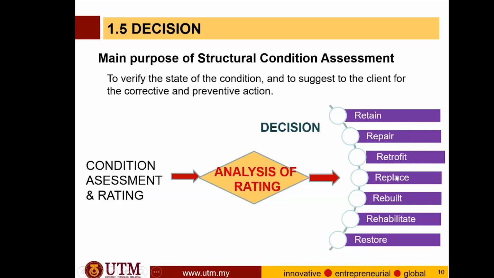Maybe if it is serious for that particular component, you have to replace or rebuild that section or segment, or even rebuild or demolish the whole building, if it is analyzed that demolition is more economic than repair. Okay, we'll discuss why some buildings need demolishing, why some buildings need a new building, what is the benefit compared to the repair. Okay.